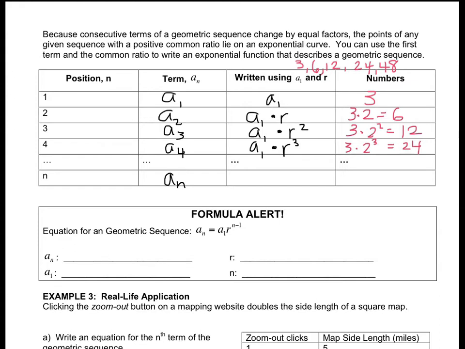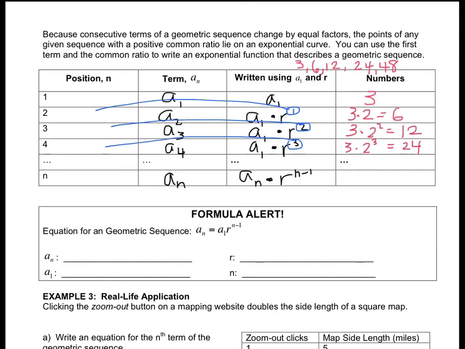Well, if you remember that when you don't see an exponent, you put a 1, and you think back to arithmetic sequences, the exponent in this case is 1 fewer than the position that you're talking about. So that would be A sub 1 times the ratio to the n minus 1 power.